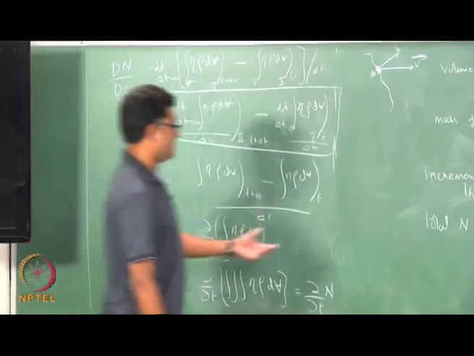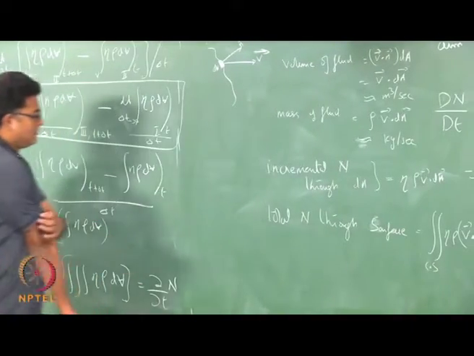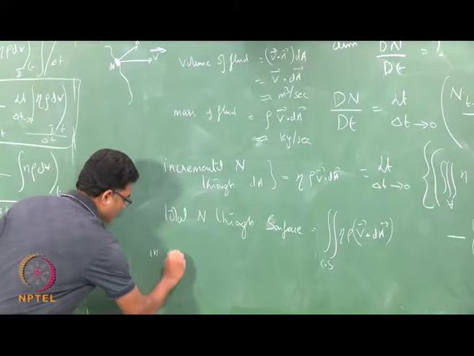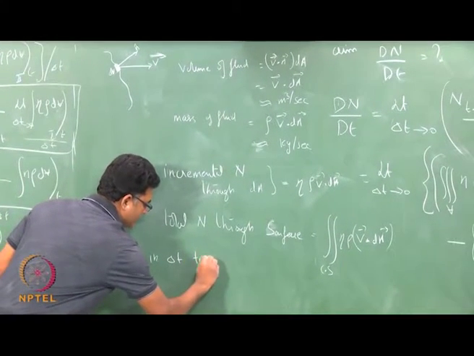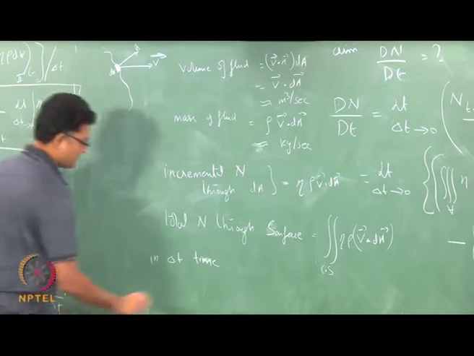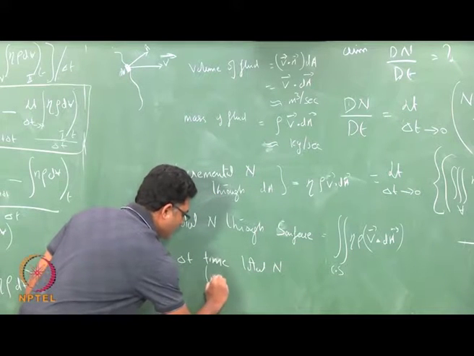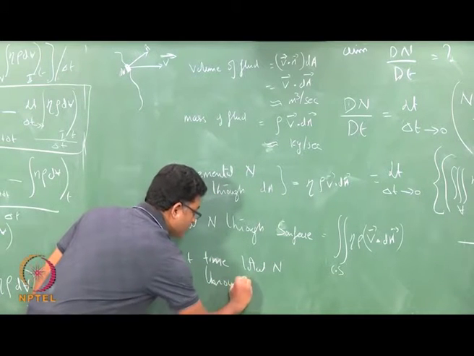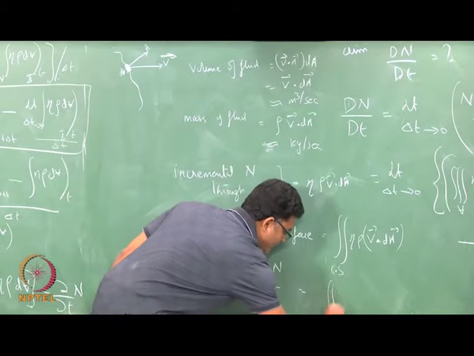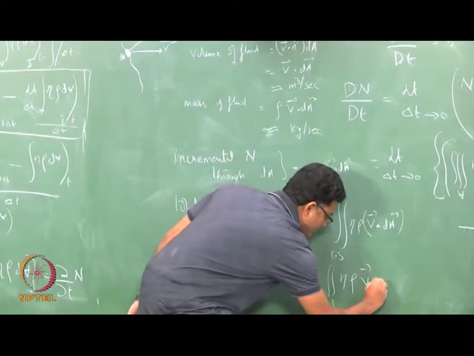This is per second. So, in delta t time, the total N through the surface is this quantity multiplied by delta t.